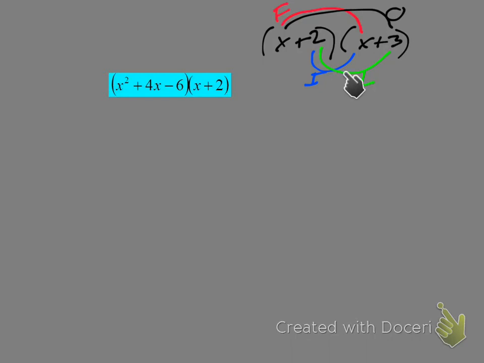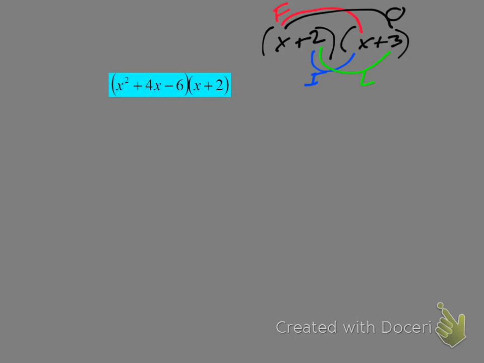The key is to make sure that every term in the one multiplies to every term in the other. That's the trick. When we did our distributing problems, the past two, that number in front got distributed to everything inside. The FOILing here, this x gets multiplied to both these, this 2 gets multiplied to both these. Yes? See that? That's the same thing you want to do over here on this one.